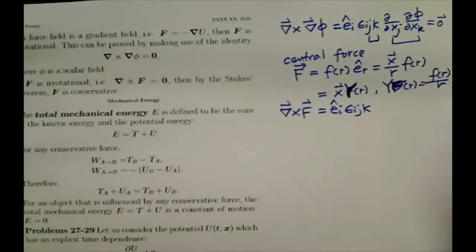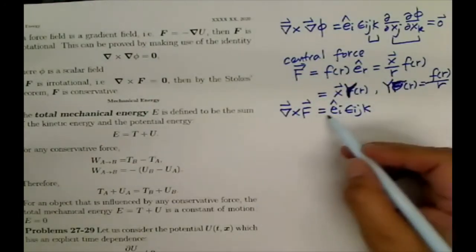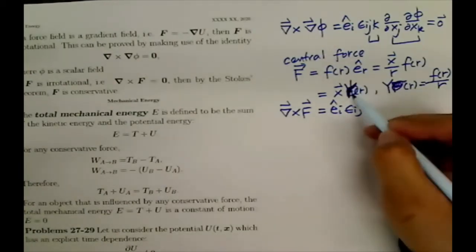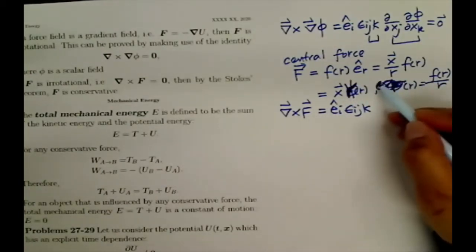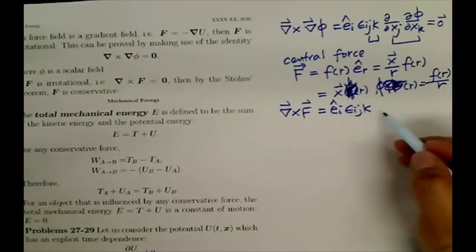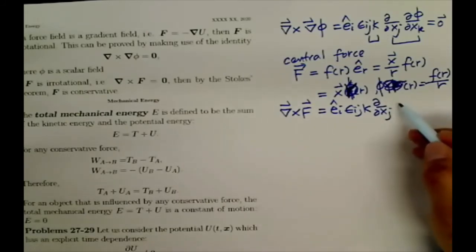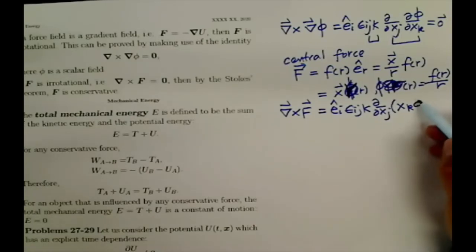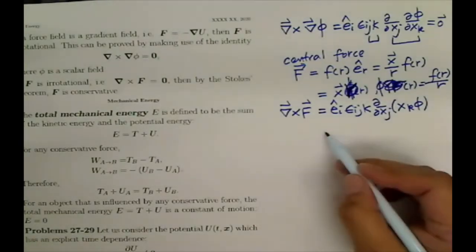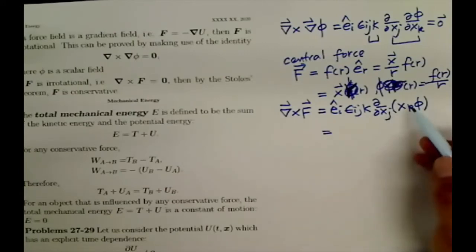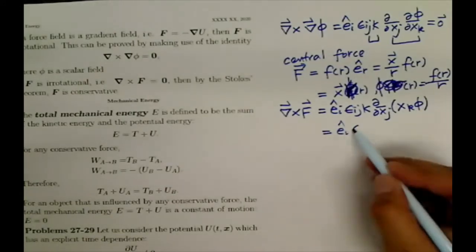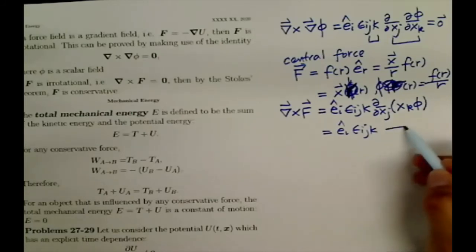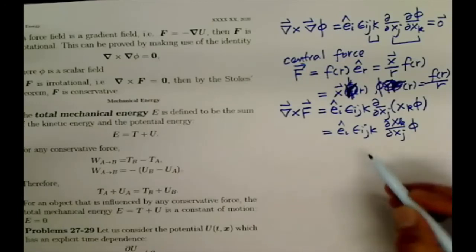The left hand side is F. Alright, or phi, scalar field phi, that's good. Round xj, round xk phi. Alright, then I can take the derivative, first one, and multiply phi.